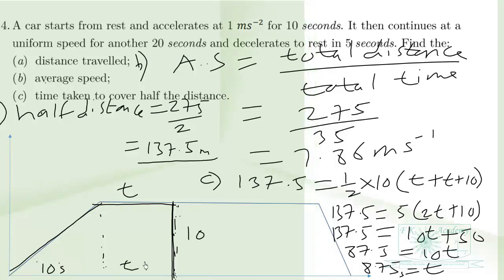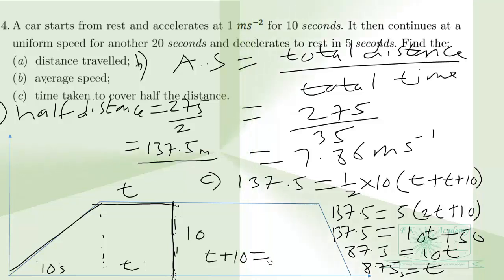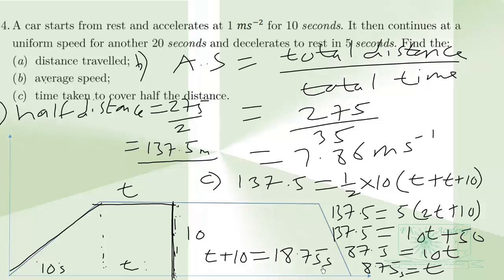So the time taken to cover half of the journey is t plus 10, which is equal to 18.75 seconds. So that is the C part.